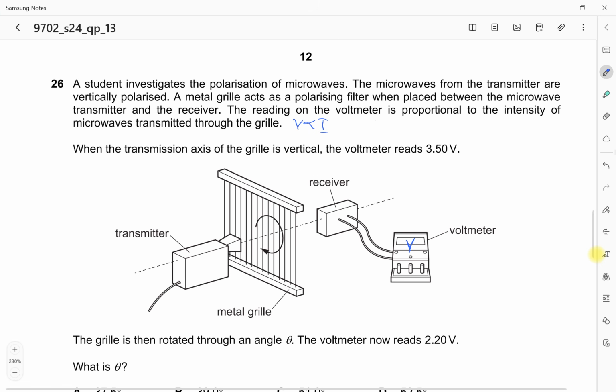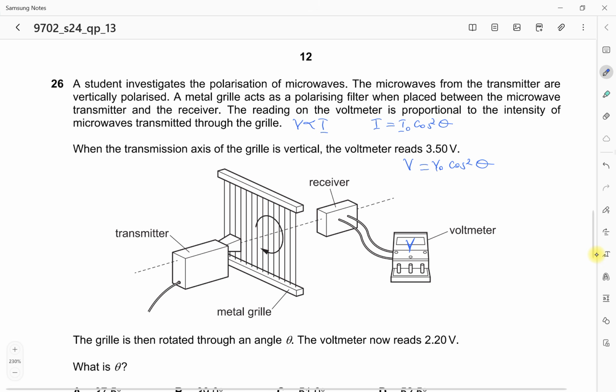I want you to also remember intensity transmitted through is given by I naught cos squared of theta, where theta is the angle through which the axis of transmission has been moved from the vertical. So we shall modify this and say V equals V naught cos squared theta.